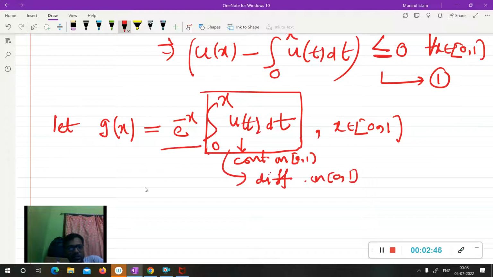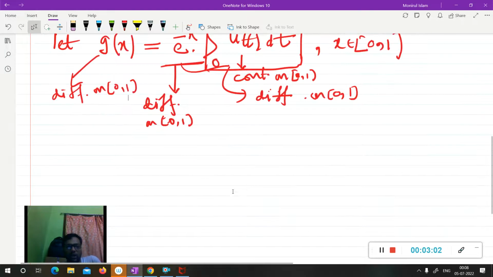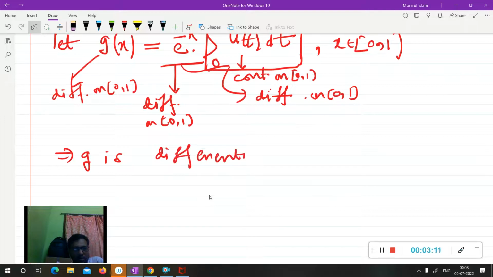Now we all know the exponential function is a smooth function; it is differentiable everywhere on R, so it is differentiable on [0,1] also. Since g is the product of two differentiable functions, g will be differentiable on [0,1].